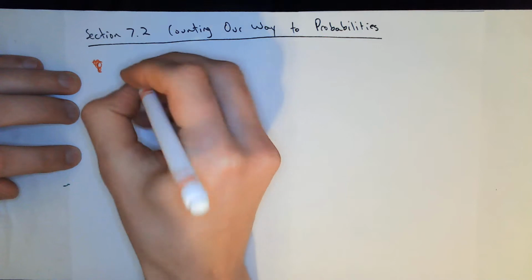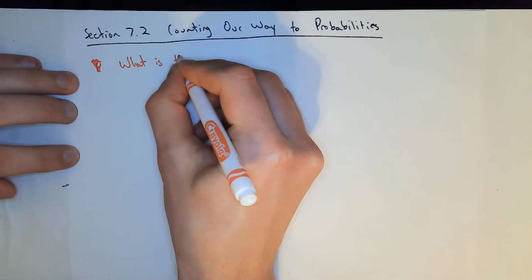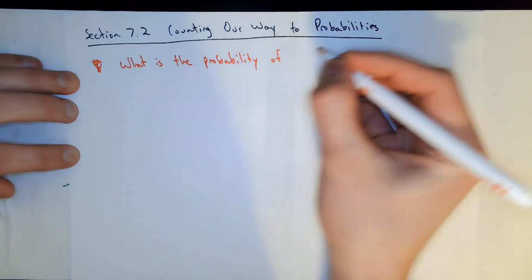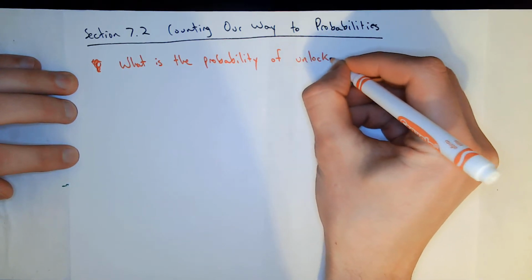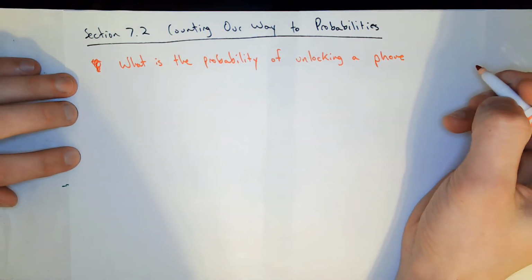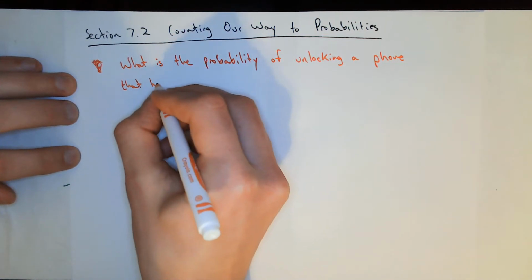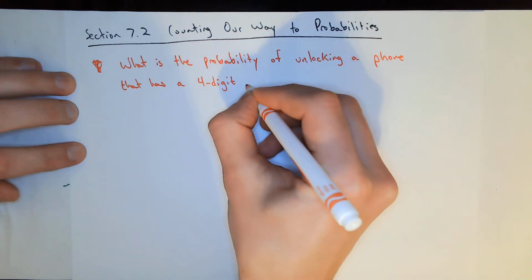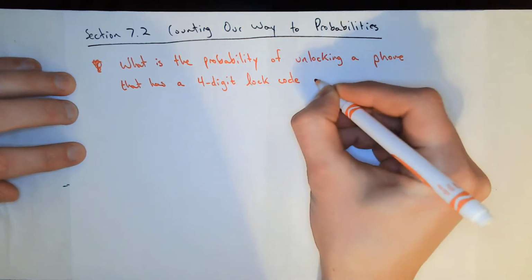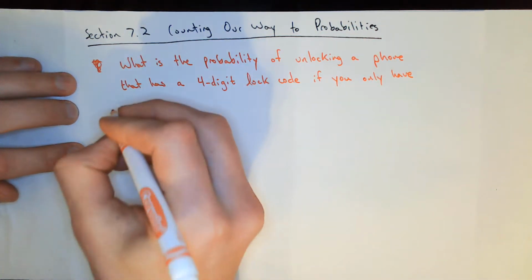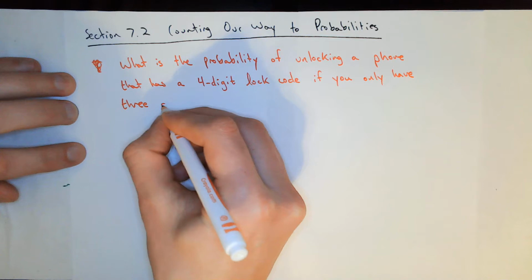Let's say, what is the probability of unlocking a phone that has a 4-digit lock code if you only have 3 attempts?